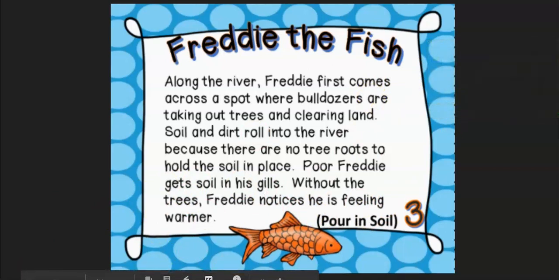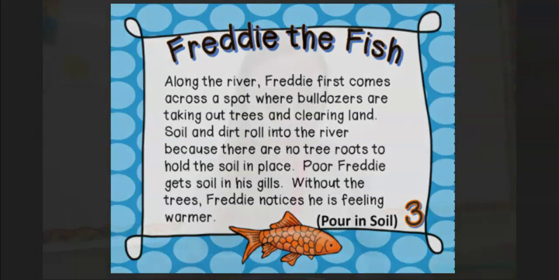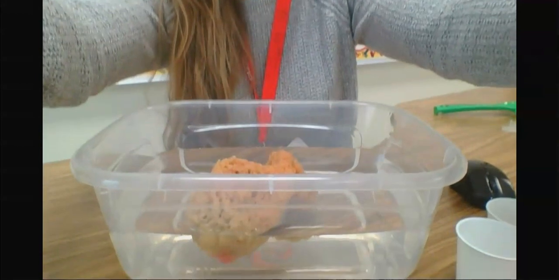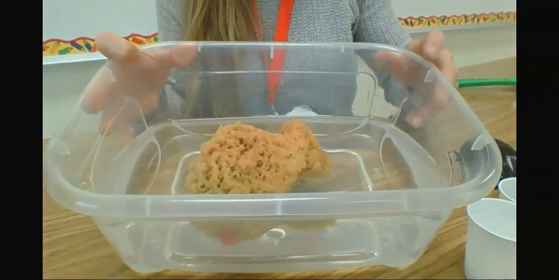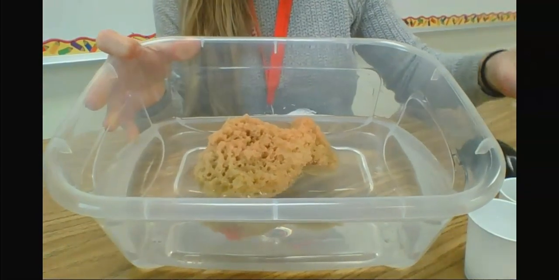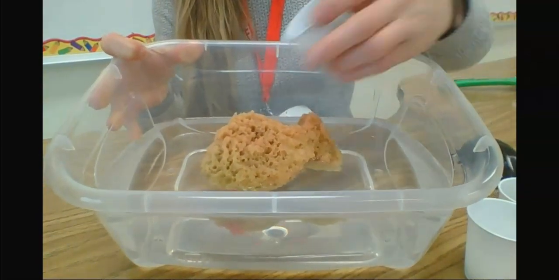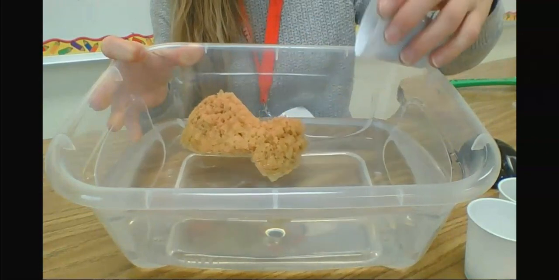Let me switch this, and we are going to pour in some soil, just like the soil that was pushed into the water when the bulldozers were clearing the land. So Freddie's swimming along. He's happy in his nice clear water.